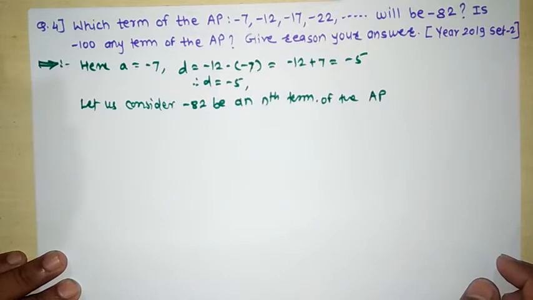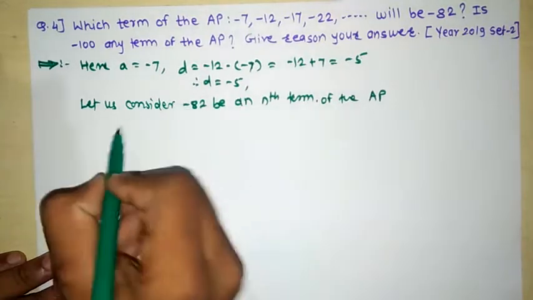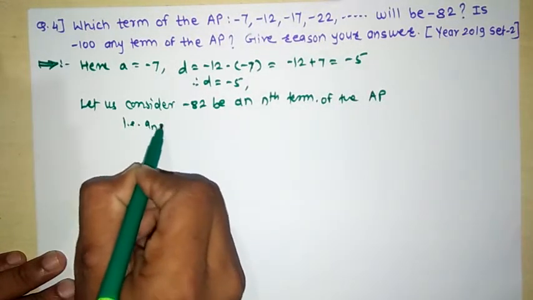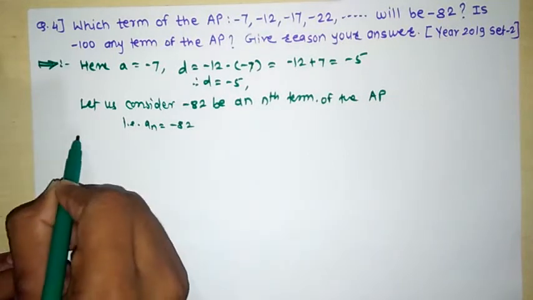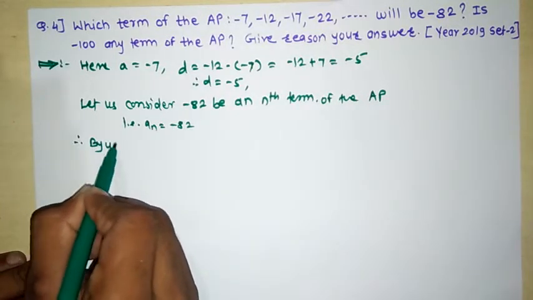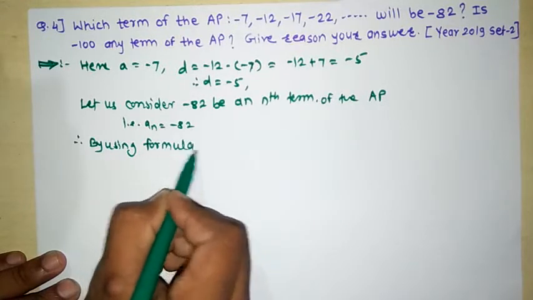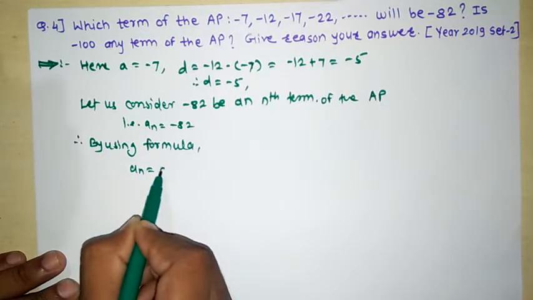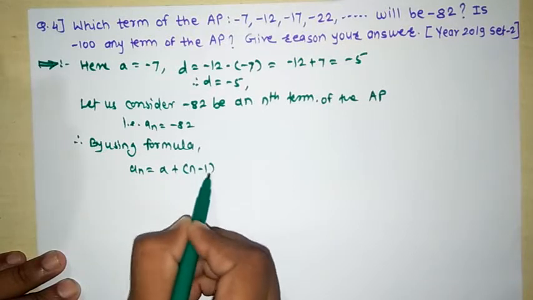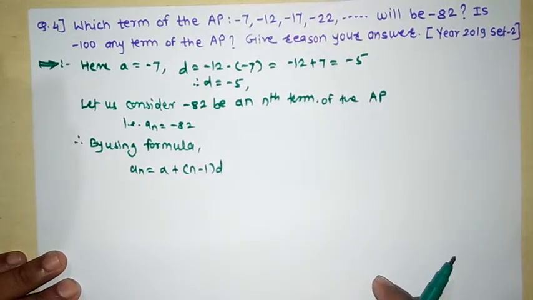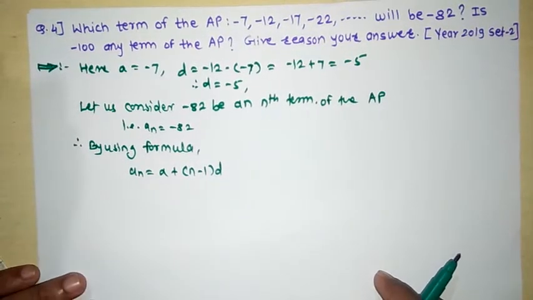AP का nth term है, हम ये consider करेंगे. That is an is equal to minus 82. Therefore, by using formula an is equal to a plus n minus 1 into d. We have to use this formula. An is equal to a plus n minus 1 into d.